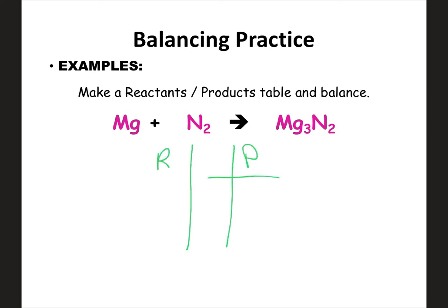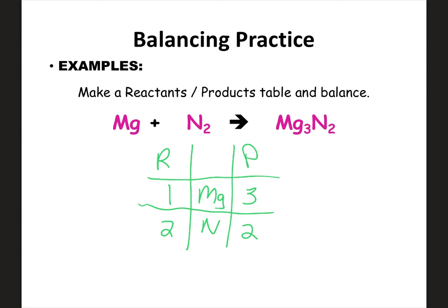So the first element I see moving left to right is Mg. The next element I see is N, and those are the only elements. So now when I count Mg here, there's just one on the left, there's 2 N's, there's 3 Mg on the product side, and 2 N's. All right, so the Mg here is the problem. It doesn't match up.